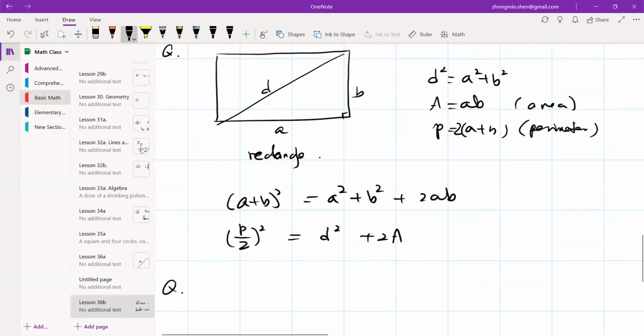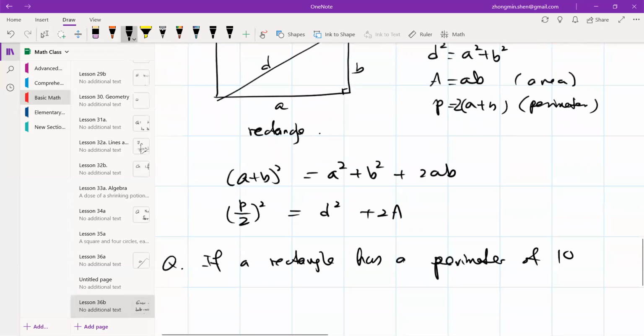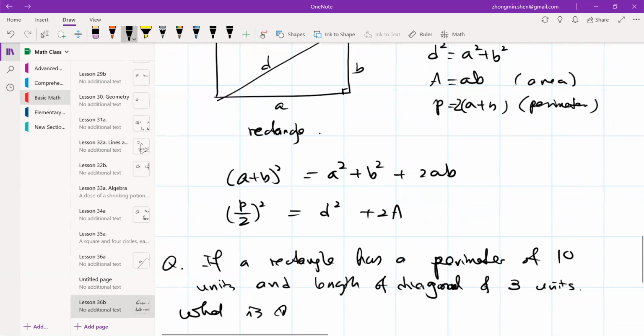So here's a question. If a rectangle has a perimeter of 10 units, and the length of the diagonal is going to be 3 units, what is the area?